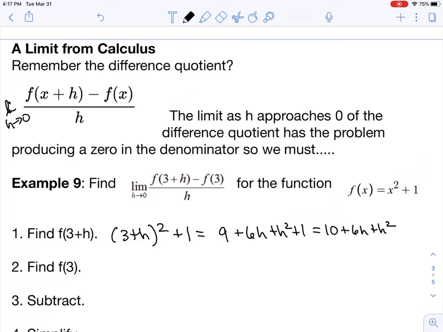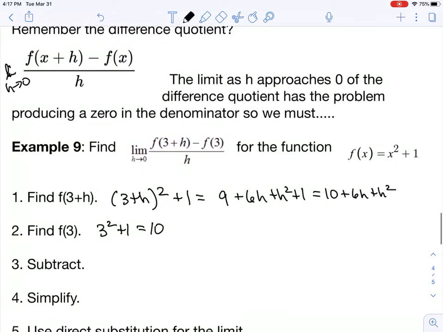All right, now find f of 3. F of 3 is 3 squared plus 1, which is 10. If I subtract, I get 6h plus h squared divided by h.